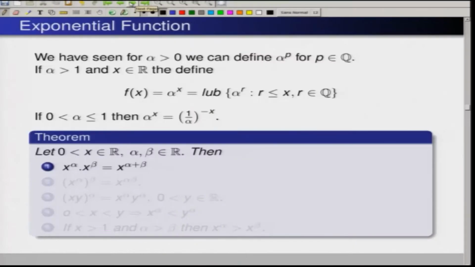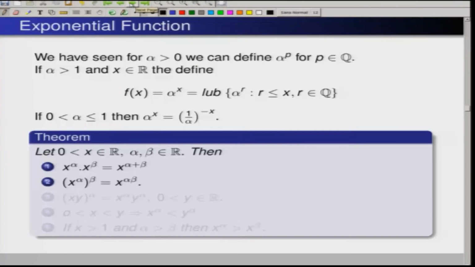Now, with this definition, if one patiently writes it down, with x to the power alpha and x to the power beta, then we can see that x to the power alpha into x to the power beta is equal to x to the power alpha plus beta. You take this alpha plus beta, x is a positive real number, alpha plus beta is a real number, and you define x to the power alpha plus beta.